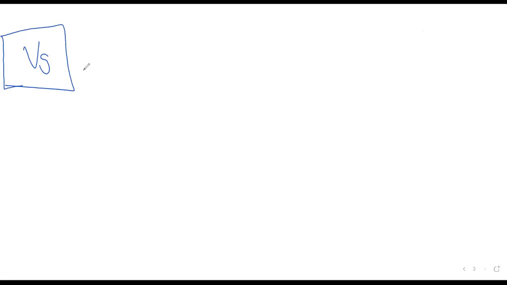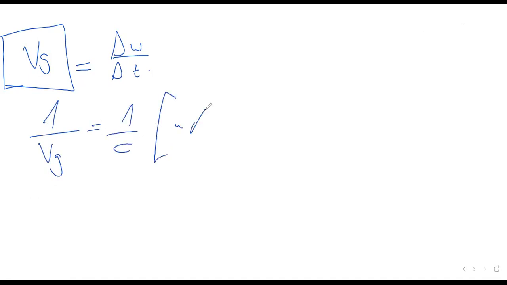We also need to define this, delta W over delta T. Right, a lot of things in between, we get to this formula, 1 over c times n of lambda minus lambda dn over d lambda naught. Right, let me try to find what is in between that. Right, we have this formula here.